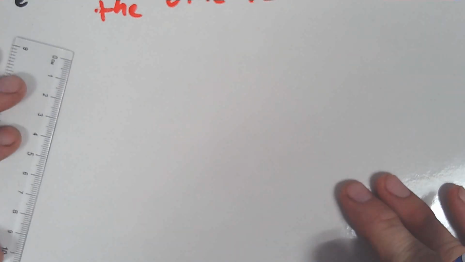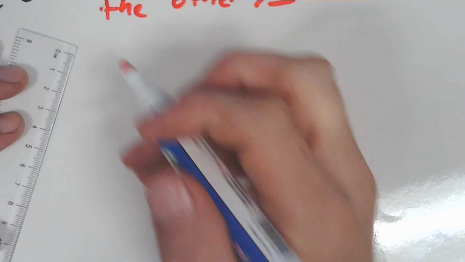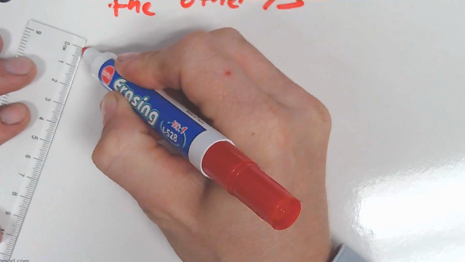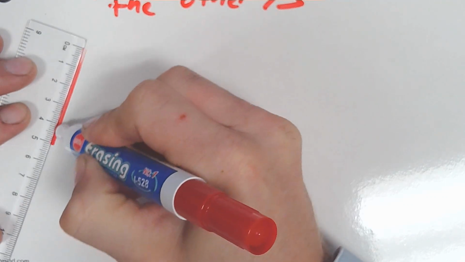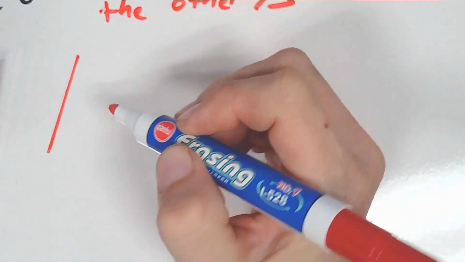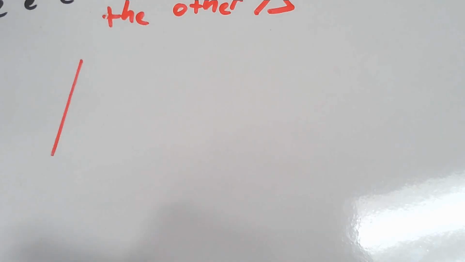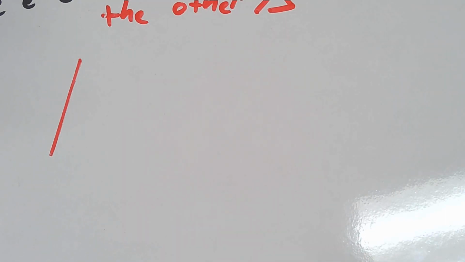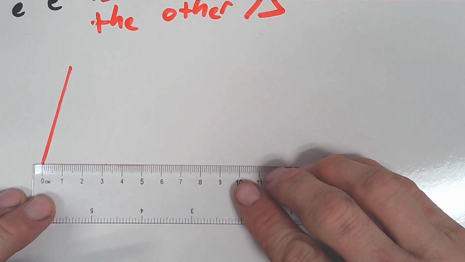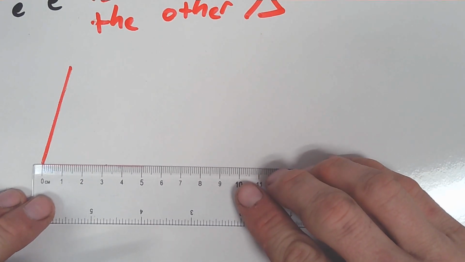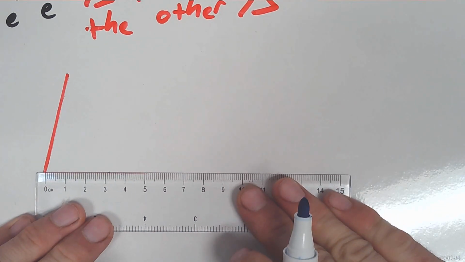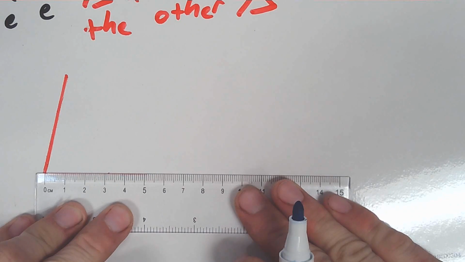And I'll make my first side here at some random slant angle, and I'm going to make it a nice 5 centimeter red side. Then I'll go over here and make the next one kind of flat, maybe at a little downward angle.